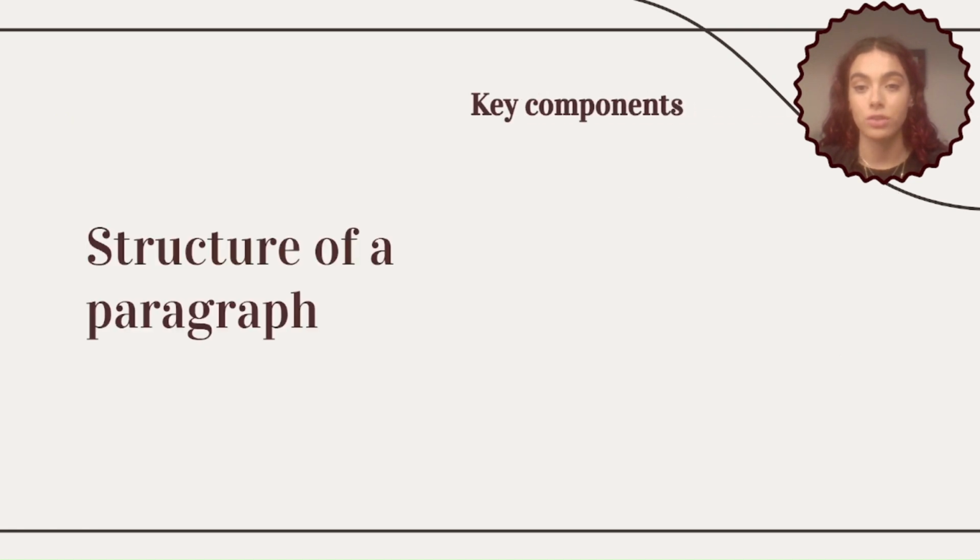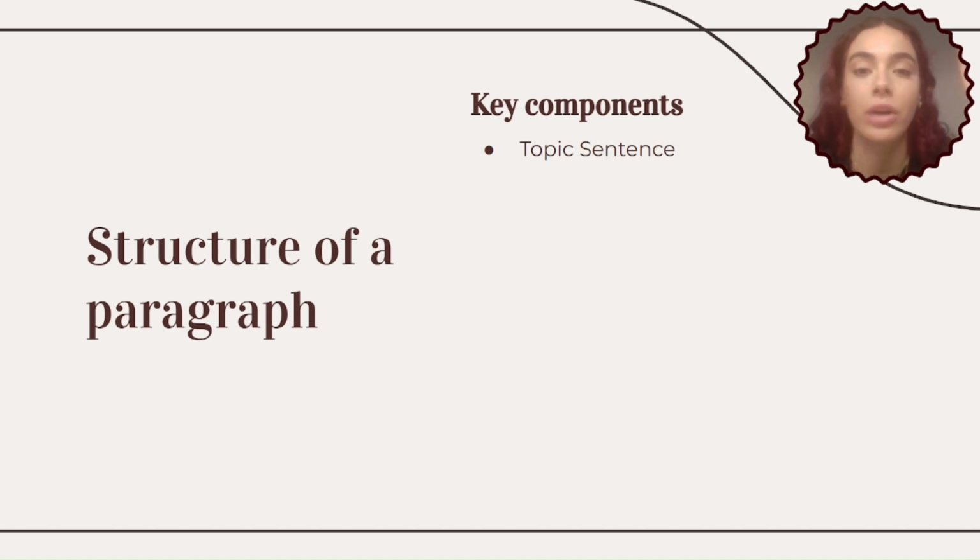Let's talk about the structure of a paragraph, guys. To preface, this is my opinion after years of tutoring and uni and high school, all of that stuff. VCAA do not specify, I want to make this super clear, a specific structure to your paragraphs and essays that you have to do in order to score well.